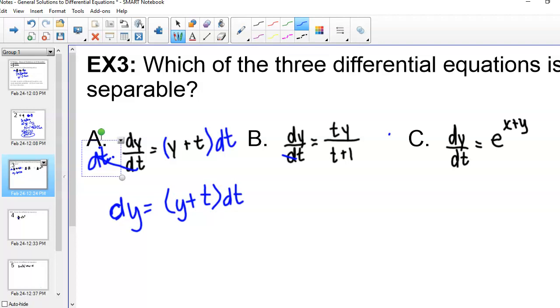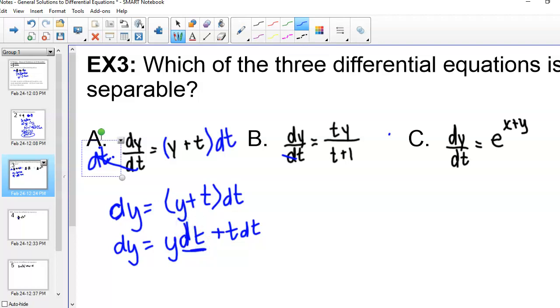Now, if we try to separate this, we're not going to have a lot of luck, because I can't just subtract that y over to the other side. What I would have to do is distribute, so I'd have y dt plus t dt, and I could try to move this y back over to the other side, but if I do, it's got that dt connected to it that goes with it.